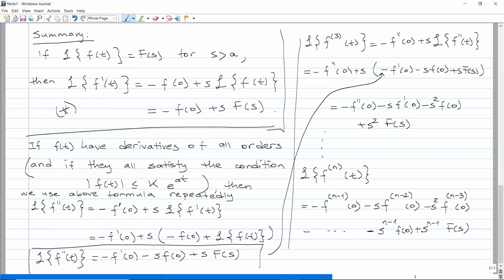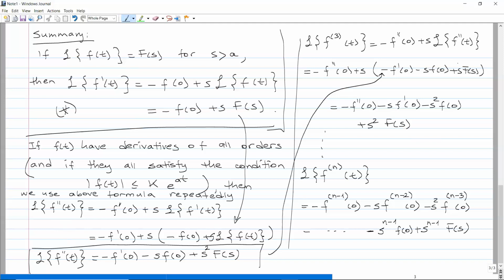Wait. Okay, I made a mistake, right? Okay, so let's go back. In computing the Laplace transform of the second derivative, I used the formula star wrong. I have another s here, so this becomes s squared.